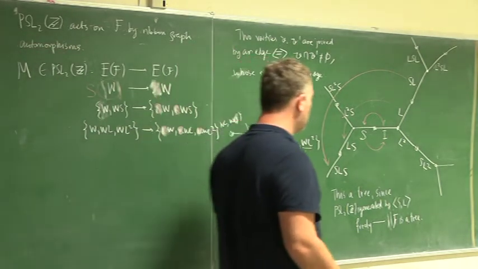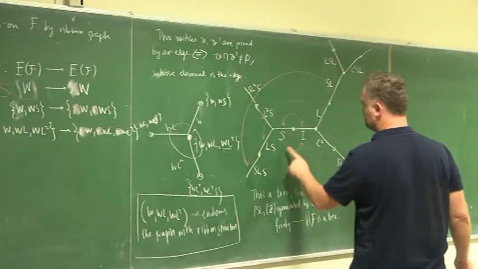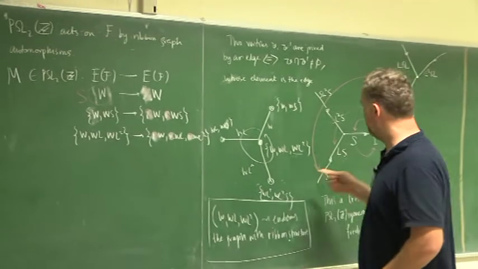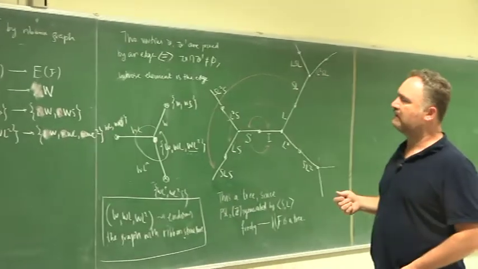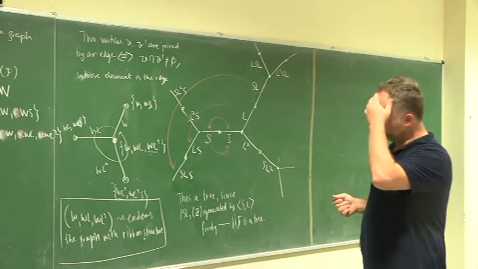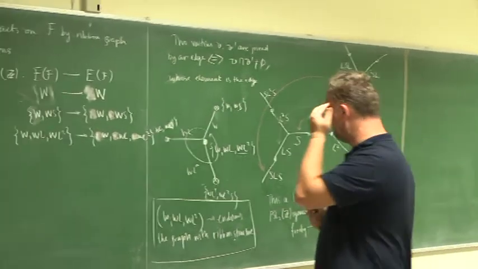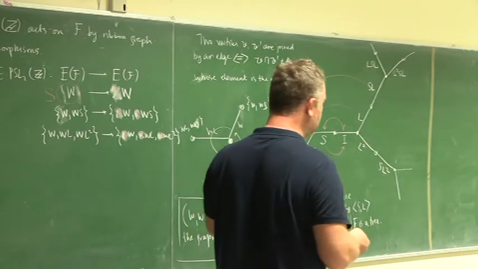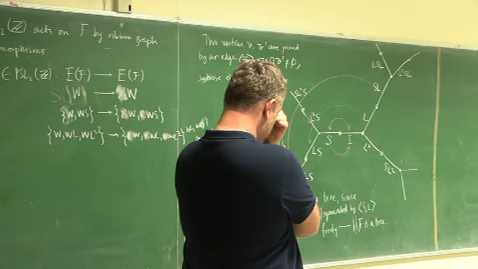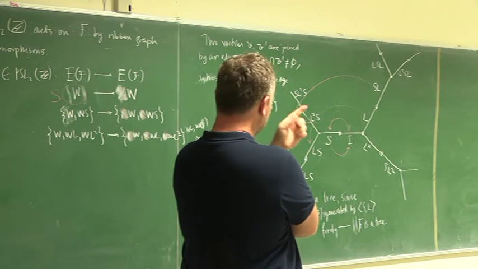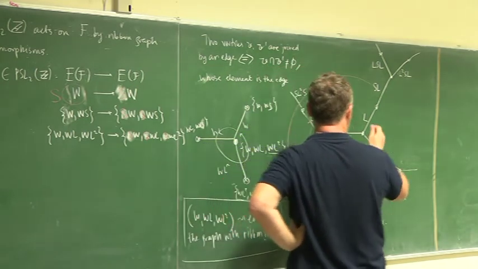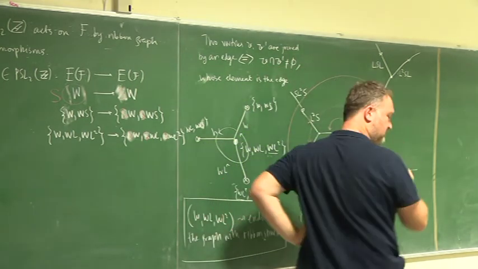So S is sent to I, and I is sent to S. And L is sent to just S times L. Again, did I write the same thing? I'm just confused. I think I wrote the same thing.